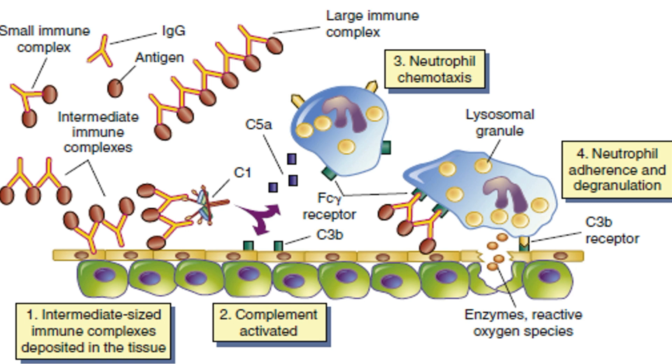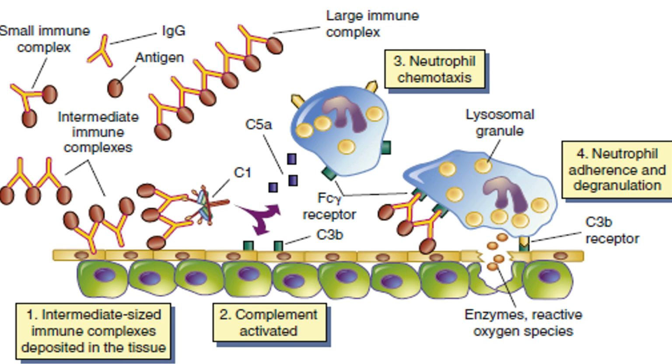Very interesting slide. Immune complexes form in the blood from circulating antigen and antibody. Both small and large immune complexes are removed successfully from the circulation and do not cause tissue damage. Intermediate-size complexes are deposited in certain target tissues in which circulation is slow or filtration of the blood occurs.